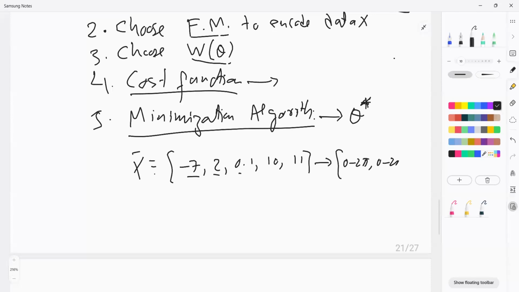That will make sure that different points are encoded to different states in the quantum circuit. So all data sets are suitable, but before we use the data, we have to rescale it.